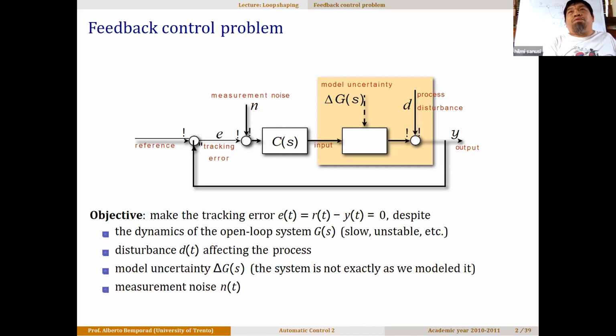Kalau still remember when you learn your circuit theory in your second year, there is a relation between frequency domain dengan time domain. So this is the linkage yang kita nak establish dalam loop shaping method hari ini.